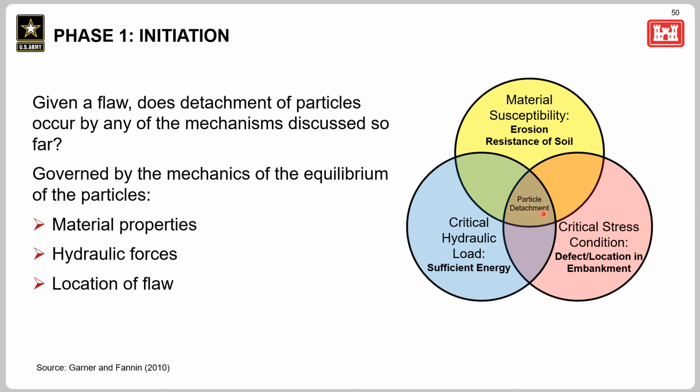For the various internal erosion mechanisms that we've talked about so far, CLE, BEP, suffusion, suffosion, SCE, and internal migration, we need the critical hydraulic load to provide sufficient energy, as well as the material to be susceptible to erosion, so have low erosion resistance, as well as the critical stress condition that results in the flaw. Those things need to occur coincidentally in order for internal erosion to initiate.